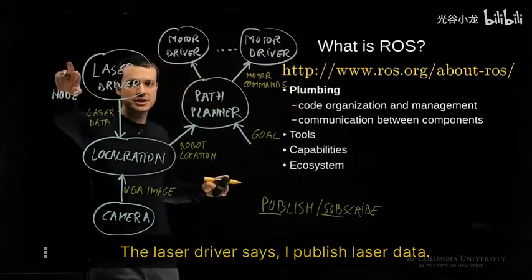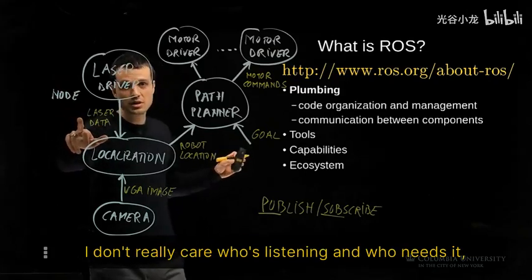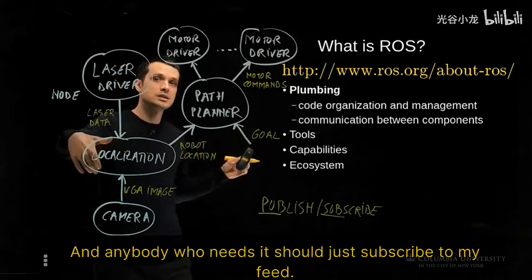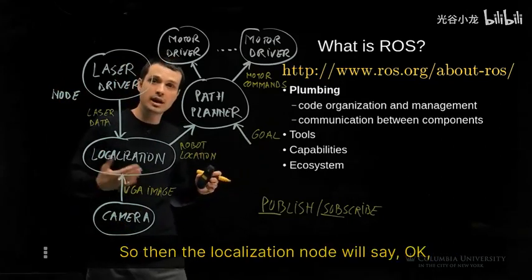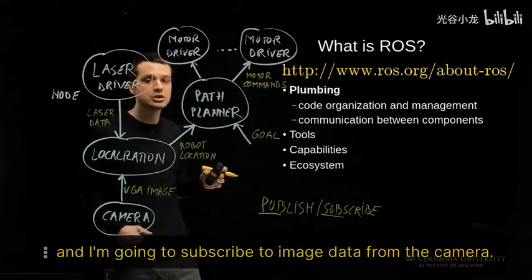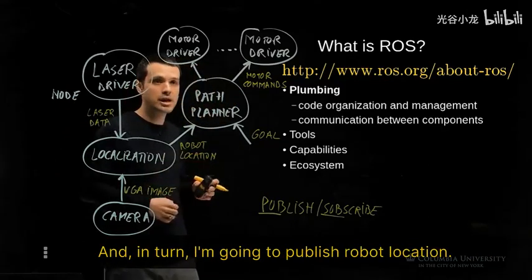The laser driver says, I publish laser data. I don't really care who's listening and who needs it, but I'm just going to publish it, and anybody who needs it should just subscribe to my feed. So then the localization node will say, okay, I'm going to subscribe to laser data, and I'm going to subscribe to the image data from the camera, and in turn, I'm going to publish robot location.